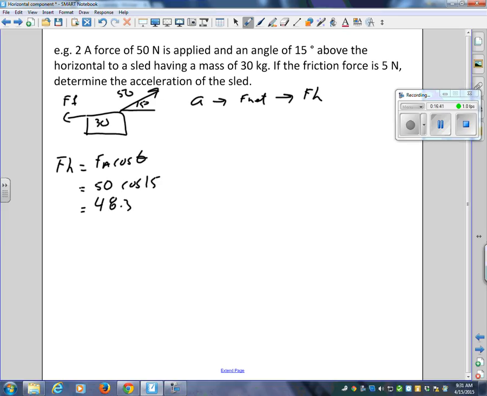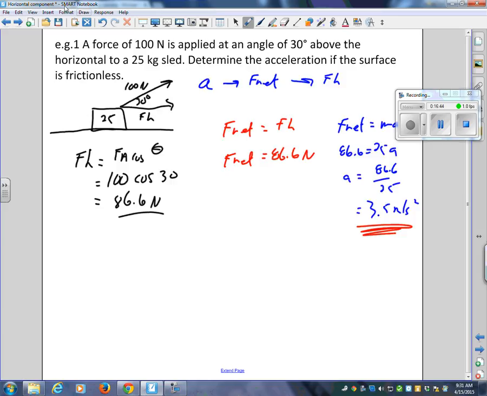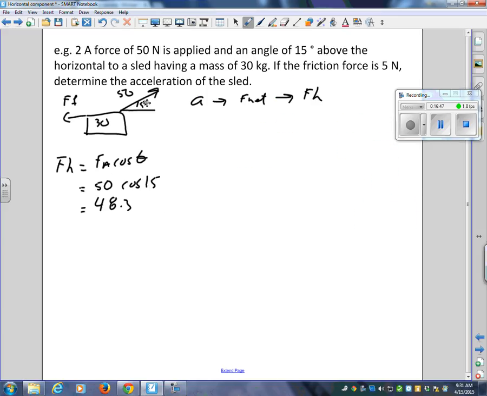Okay, now, on the previous question, we said that F net is equal to FH, but that's not true here because there's friction force. So the net force here is the horizontal component, and I'm going to say plus friction. Am I really going to be adding it? No, you're really adding negative friction. Look at it that way. So 48.3 minus 5 is 43.3. Is the last step going to be the same?